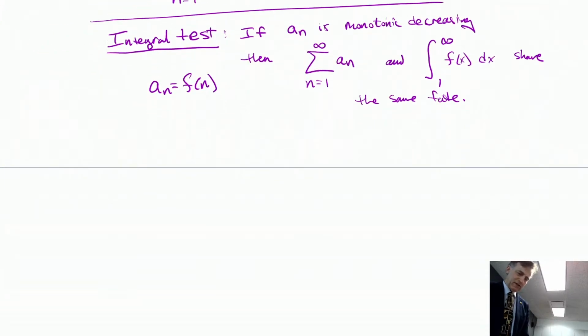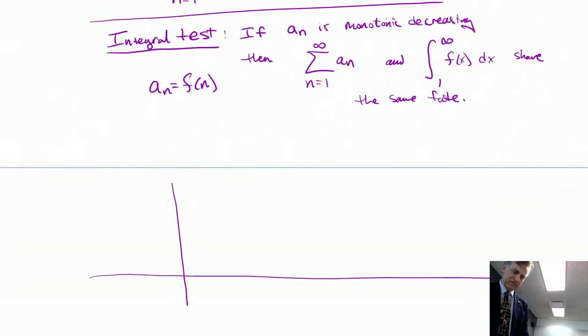So here's why this is true. If you imagine the harmonic series for a minute, the harmonic series is going to be a series of dots on this graph.